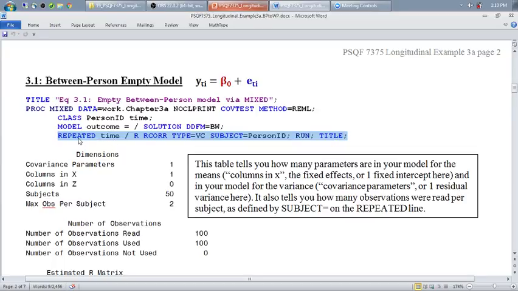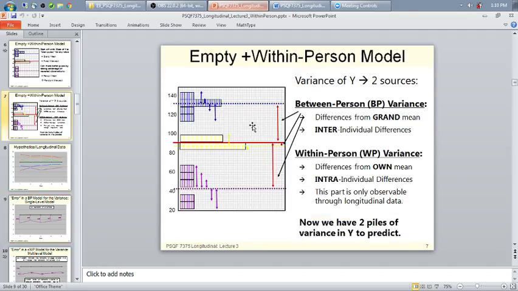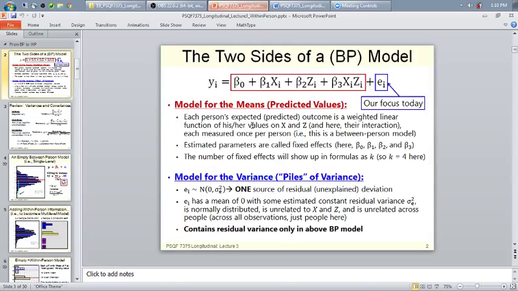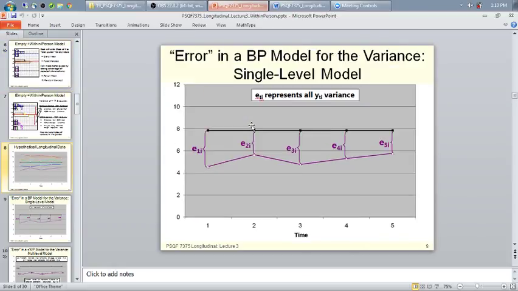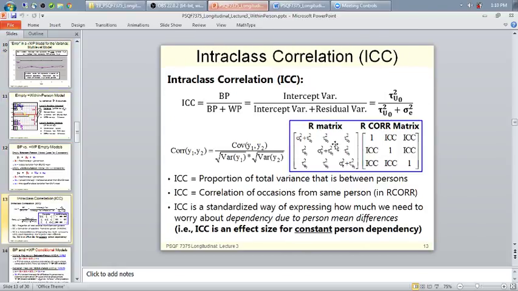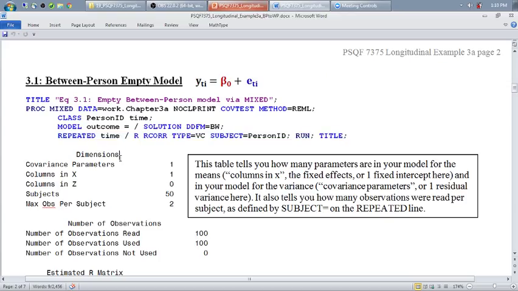This is a repeated statement that tells SAS what kind of variance covariance matrix you want for the two occasions from which each person. So it is the structure of, let me find that again, the structure of this right here, this R matrix. So the repeated factor is time.